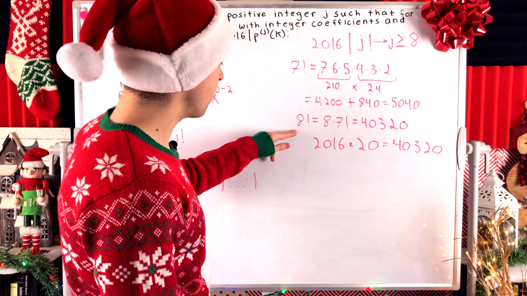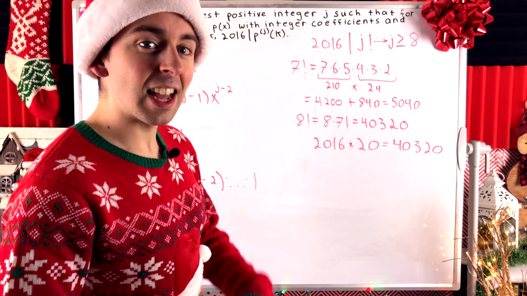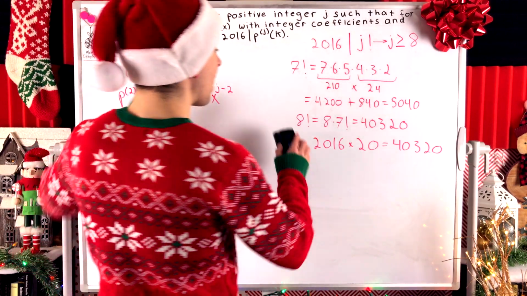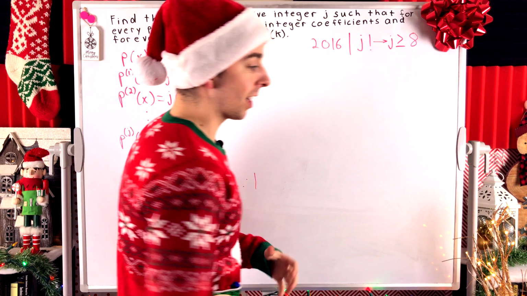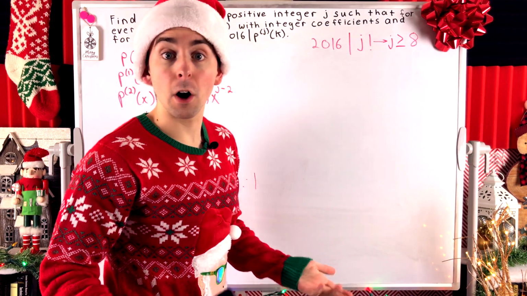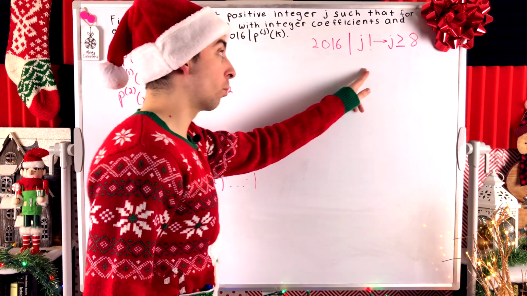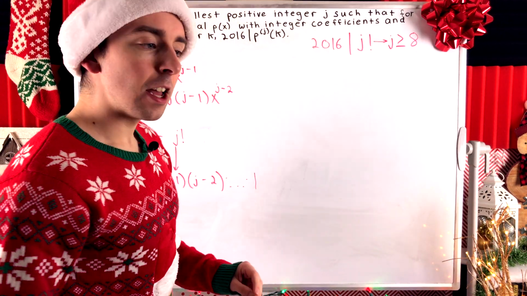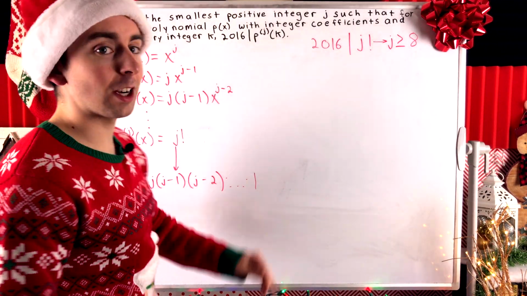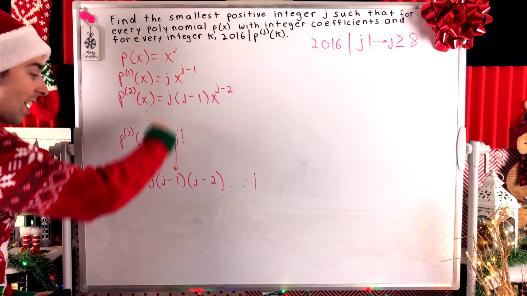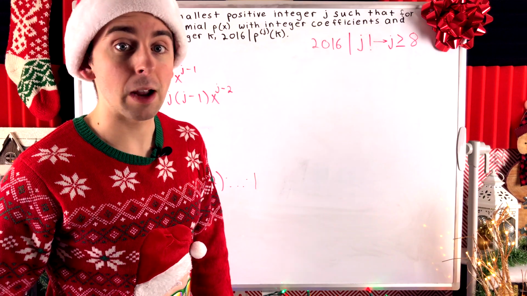Notice as well that since 8 factorial is an integer multiple of 2016, every factorial after 8 factorial will also be an integer multiple of 2016 because all the other factorials are also integer multiples of 8 factorial. And one more time, we know that j has to be at least 8 because if j were less than 8, it couldn't possibly fit this condition because this polynomial's jth derivative wouldn't be divisible by 2016 if j were less than 8.